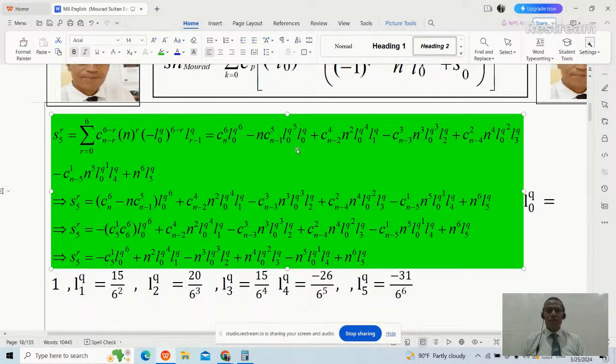You see all of these learners from the combination n minus 2 up to the combination n minus 6 has to be written as it is, not changed. But the first two terms I just simplified as the following.